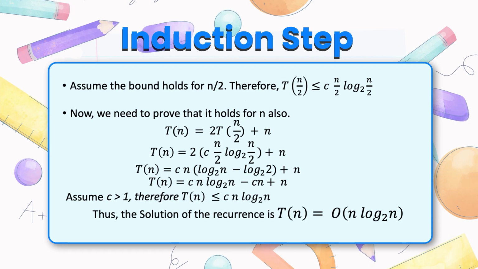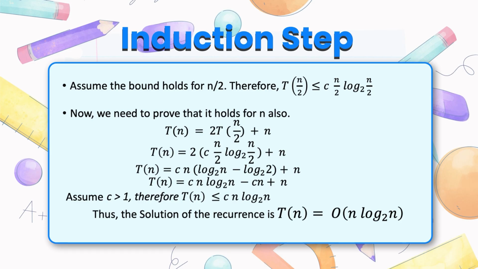So when we solve it further, and the last term is plus n in any case, we get T(n) equals Cn log2 n minus Cn plus n. C has to be greater than 1.